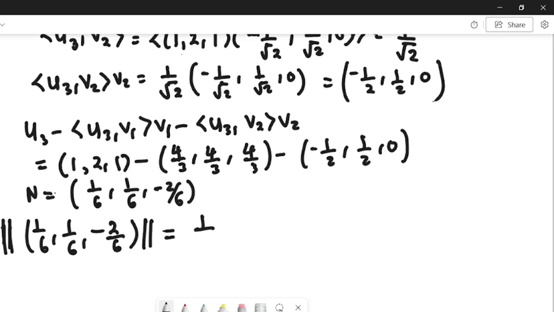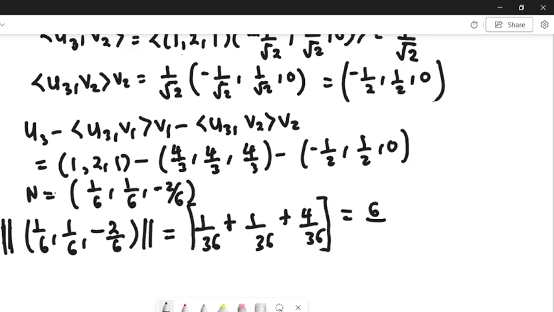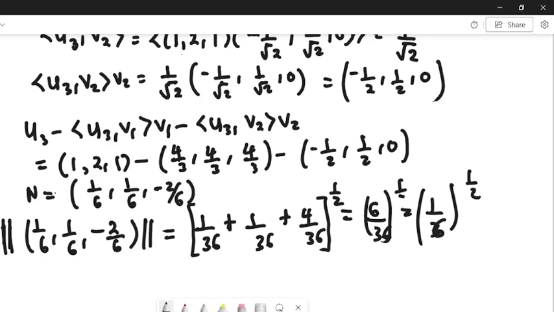So this will give us 1 over 36 plus 1 over 36 plus 4 over 36, which is simply 6 over 36, but everything is raised to power a half. 6 over 36 is 1 over 6, raised to power a half. So that is the same as root 6 over 6.